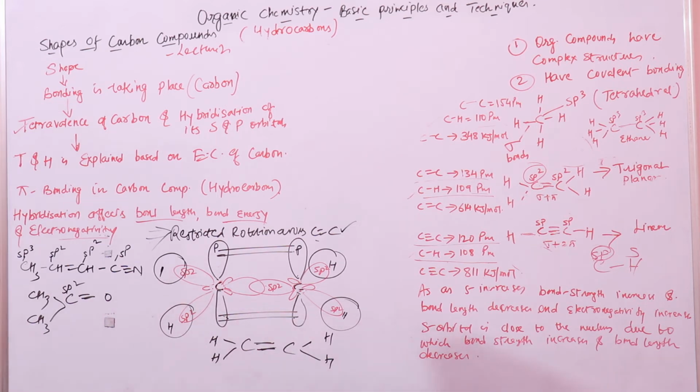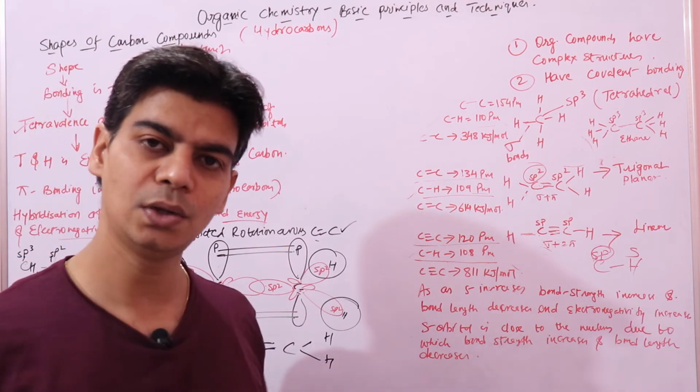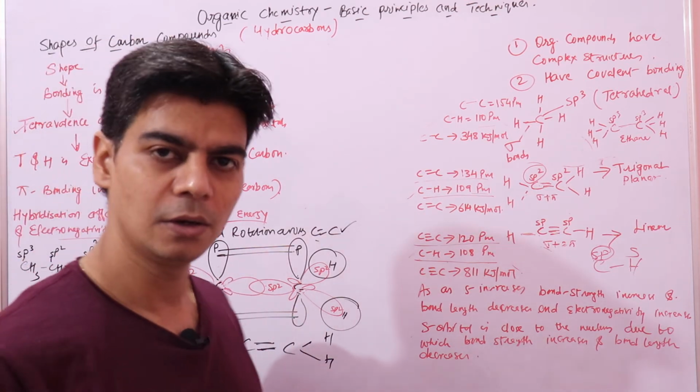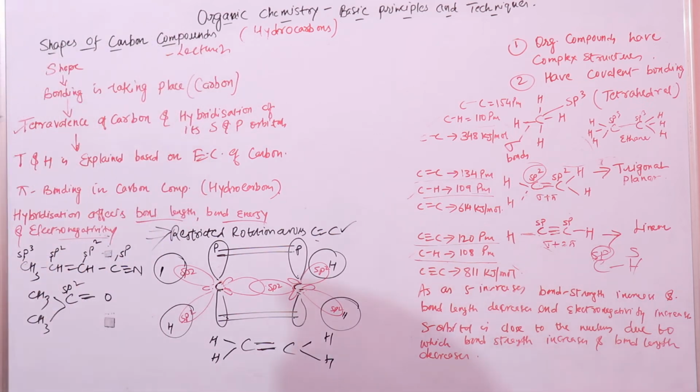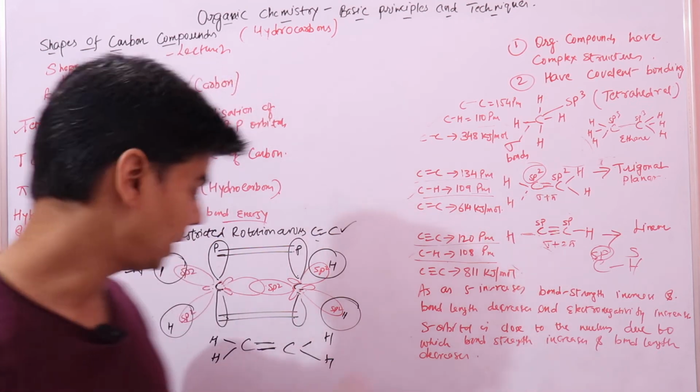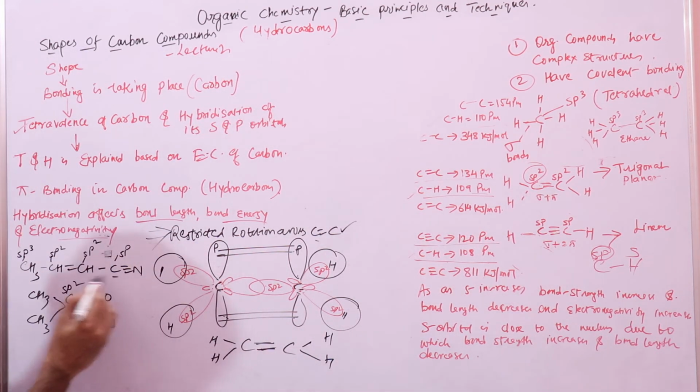So let's look into hybridization. We'll just look into it briefly because I already have a detailed video lecture on it from chemical bonding. Wherever you see it, the carbon atom is tetravalent, meaning carbon has a valency of 4 in organic compounds. In order to satisfy its valency of 4, it will form double and triple bonds.